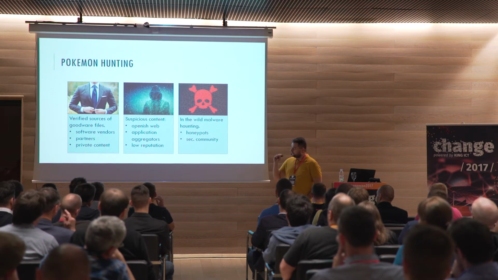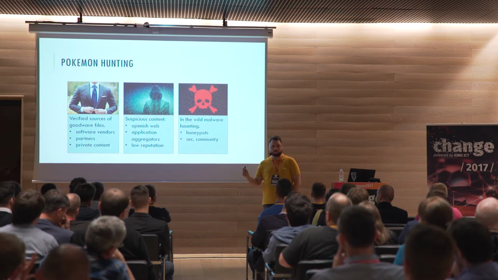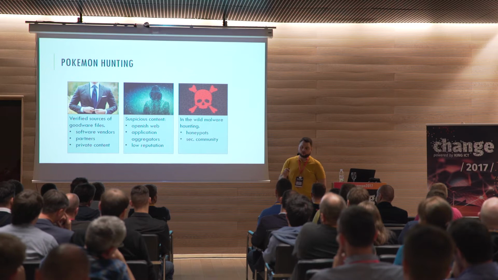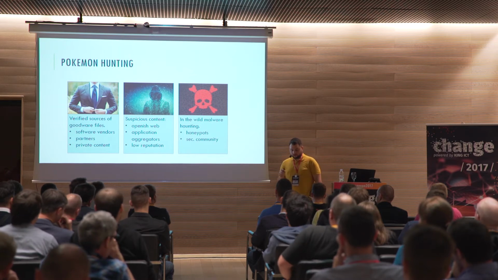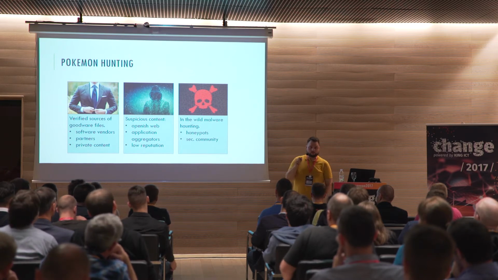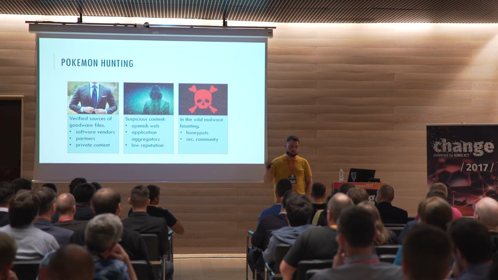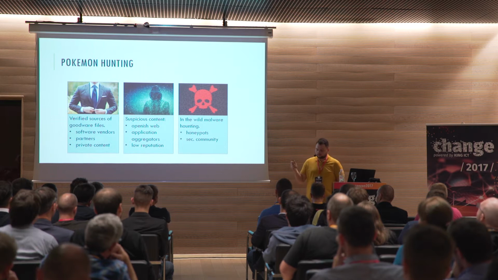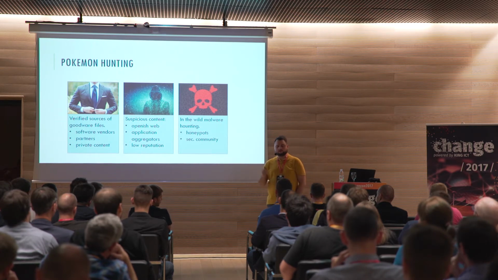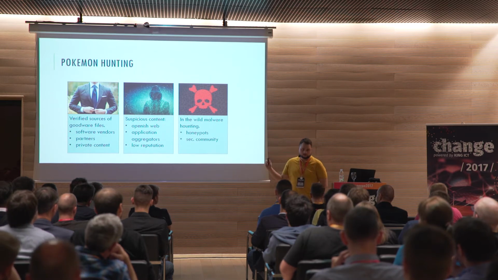These are pretty much low reputation sites, which don't have a lot of content, and of the content they have, some is good, some is bad. So we just grab everything and push it through the system. In addition to that, we also have software aggregator sites like Download.com, Softpedia.com, etc. We just take everything from them too.